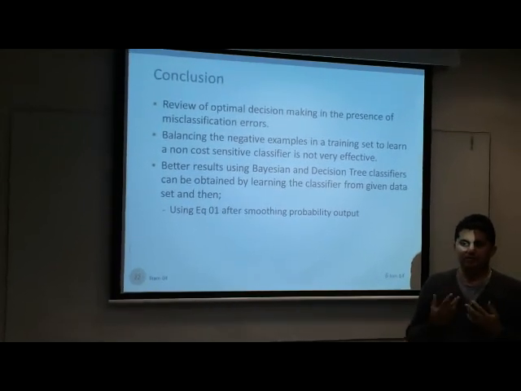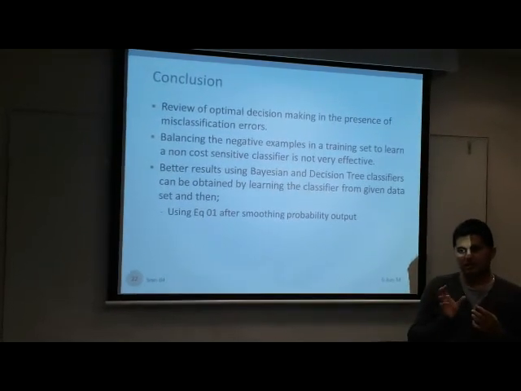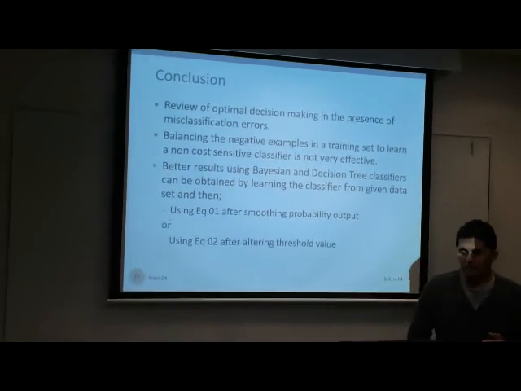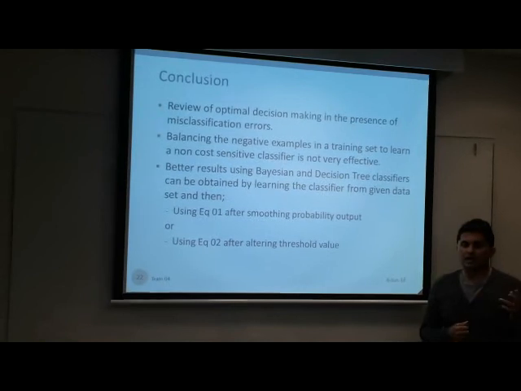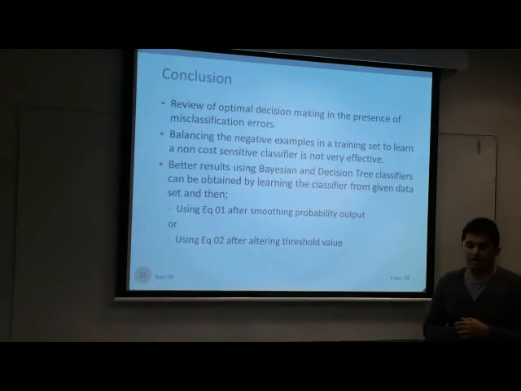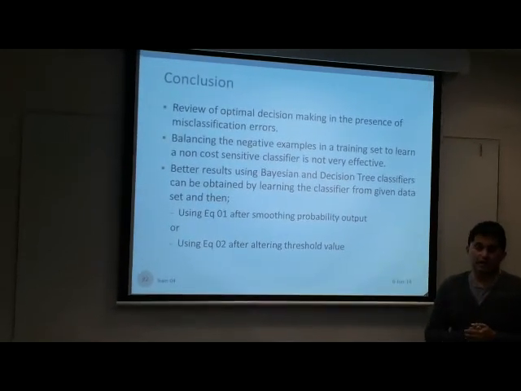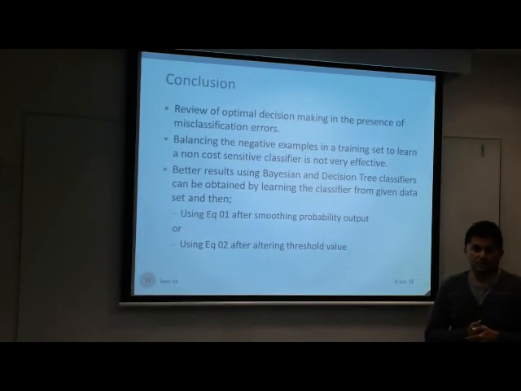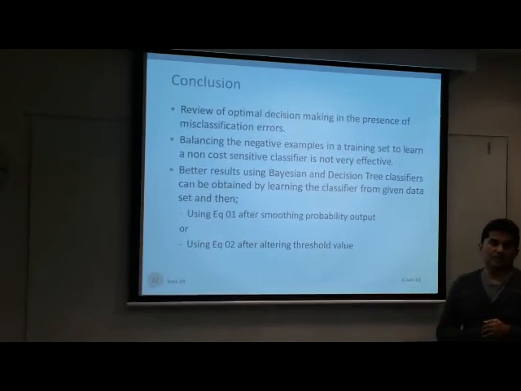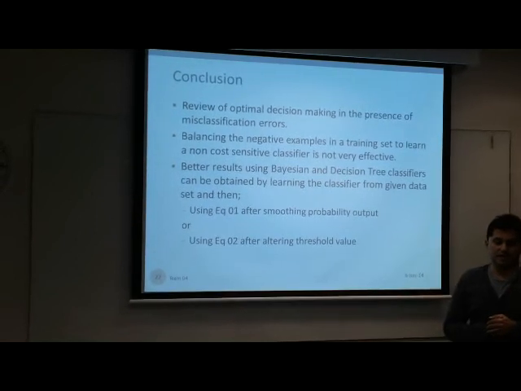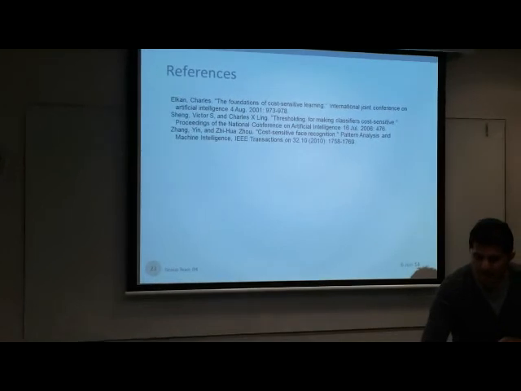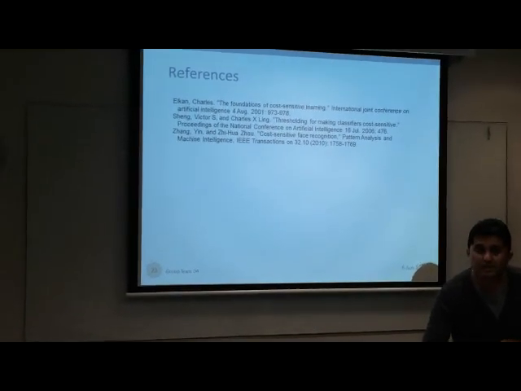Equation 1, if you remember, is the cost impact on the learning, and equation 2, the one that I started my section with, uses a threshold probability and alters the threshold values of the classifier. So these are the recommended methods.